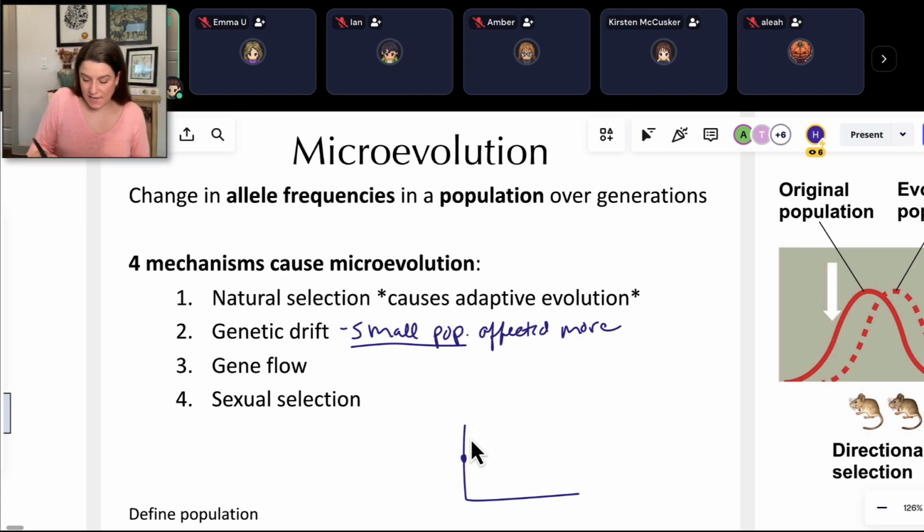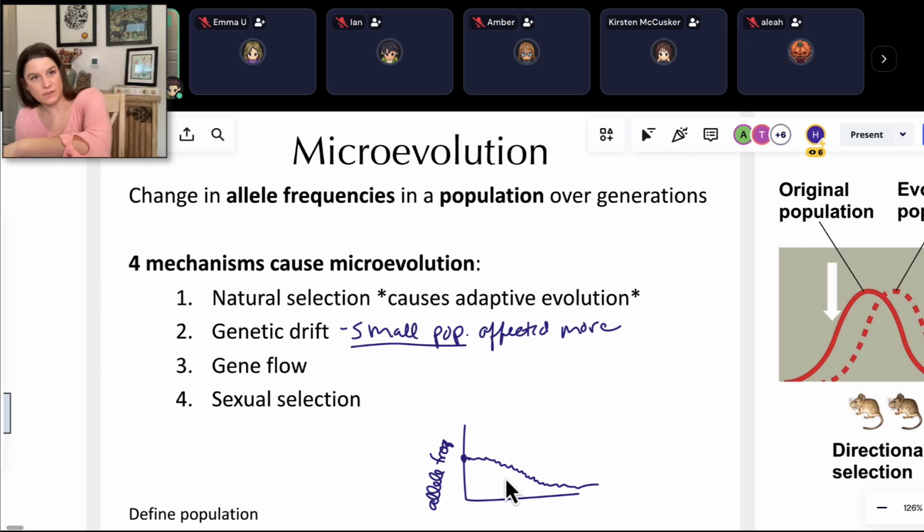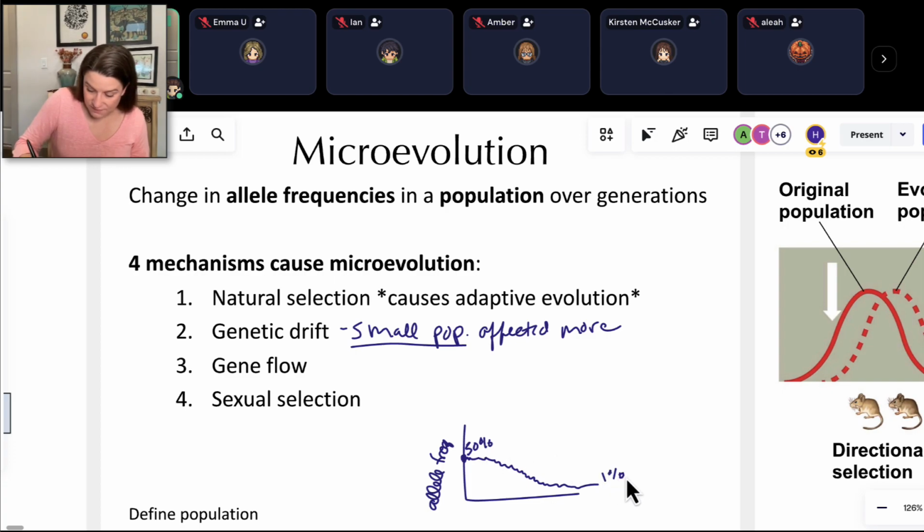And the name drift came because they watched these populations and then they would see sometimes this is the allele frequency, the allele frequency just drifting down from maybe 50% here to like 1% there. And there was no reason for it. There was no natural selection going on or anything like that. It was just a small population. And all of a sudden they just saw the frequency of a certain phenotype, and also ultimately a certain allele, just drifting to being very common or just drifting to being very not common. That's where the name drift comes from.